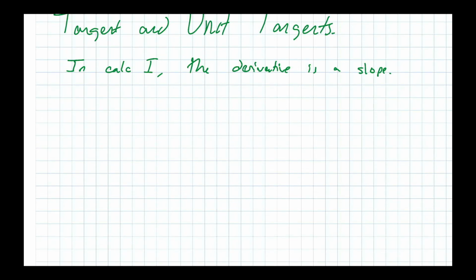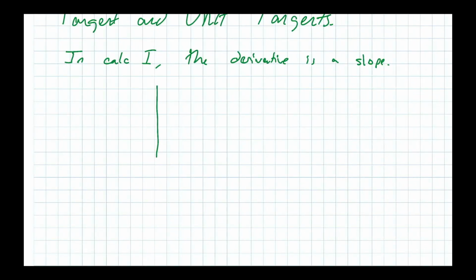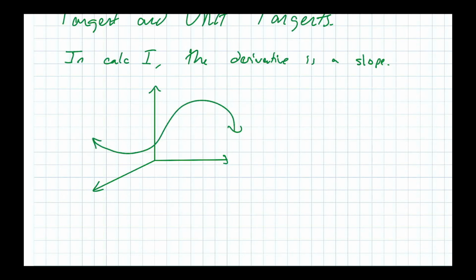So let me just draw a curve here. All right. So there's just a curve in space, right? And so let's call this R of t. All right.